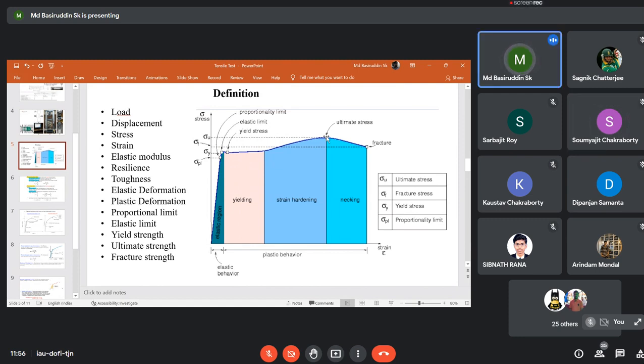Yes, based on the instantaneous cross-sectional area. Though the load requirement will reduce, the rate of decrease of the cross-sectional area is relatively high. So the overall result leads to an increase in stress. That is the difference between the engineering stress strain curve and the true stress strain curve.